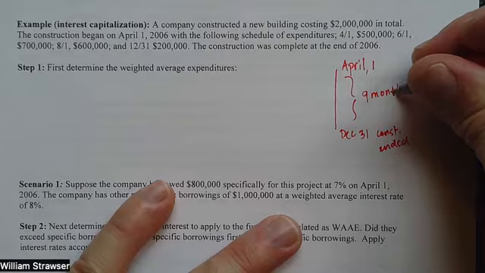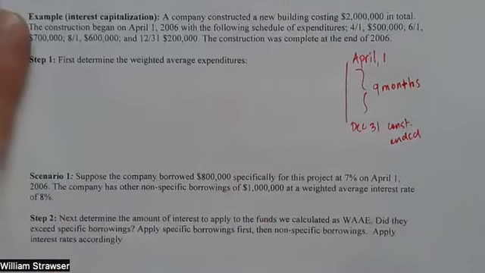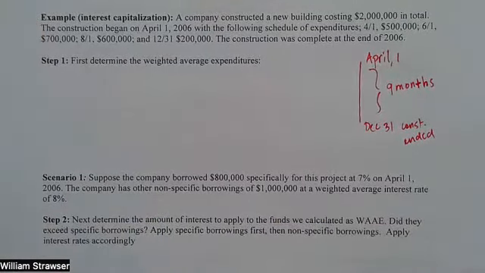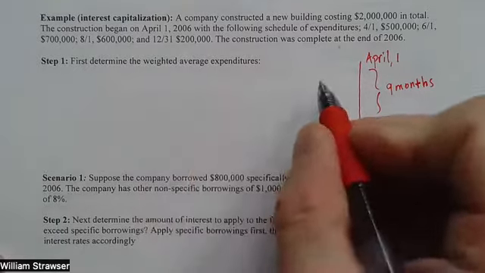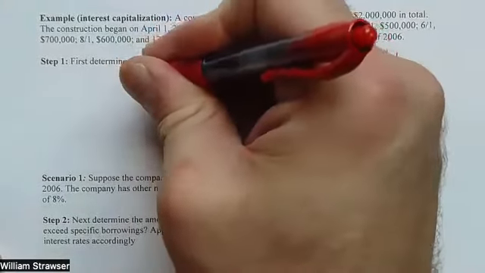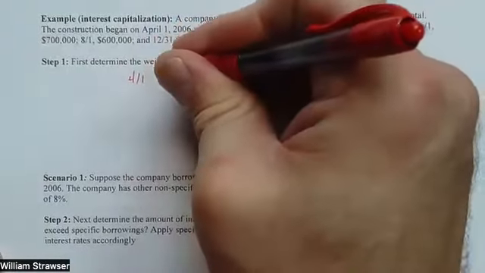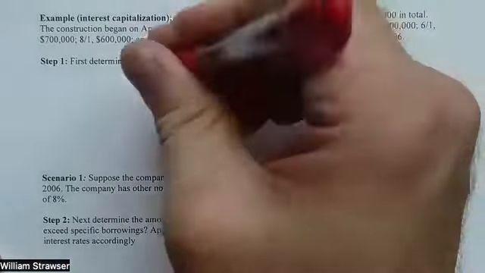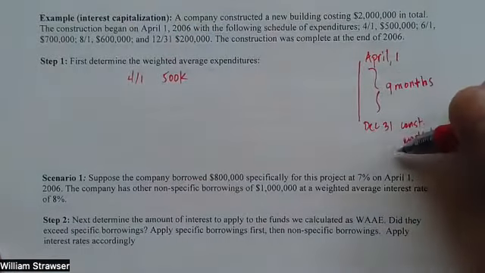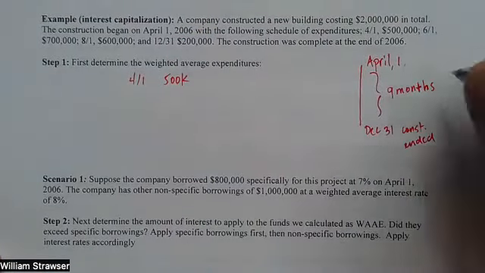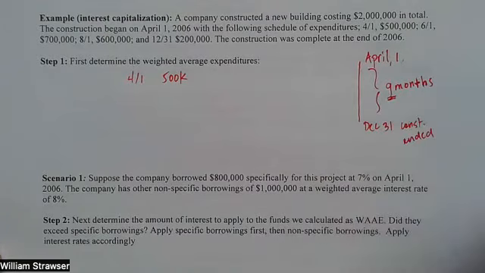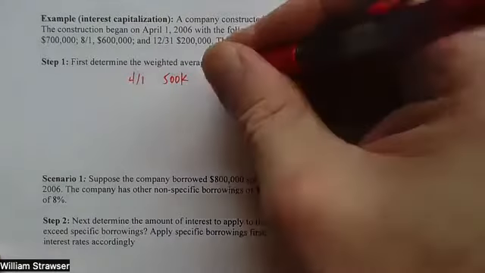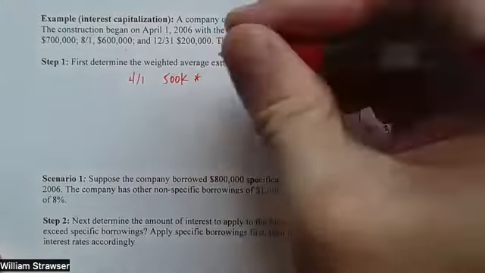And that's going to be important when I look at my annual weighted average expenditures. I have a payment on April 1st for $500,000. And that will get the full period. And remember, I'm weighting it over 9 months because that is the construction period.